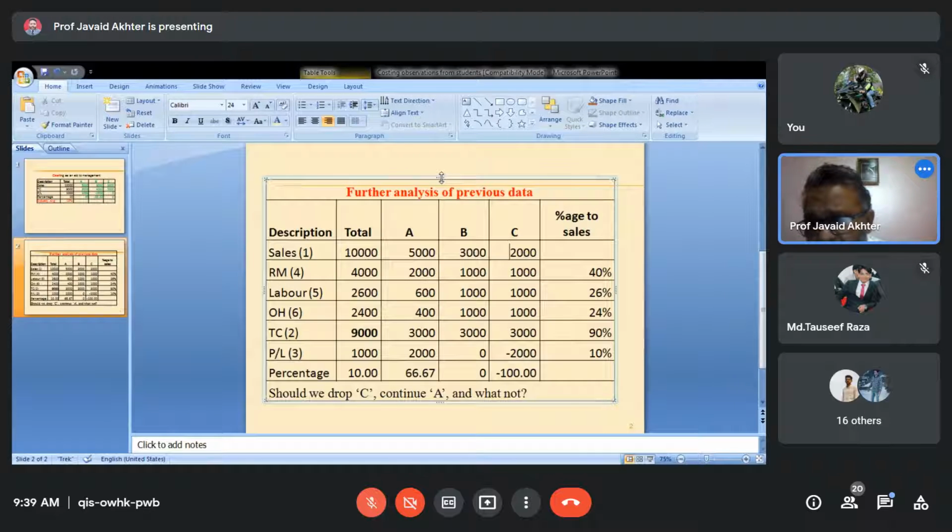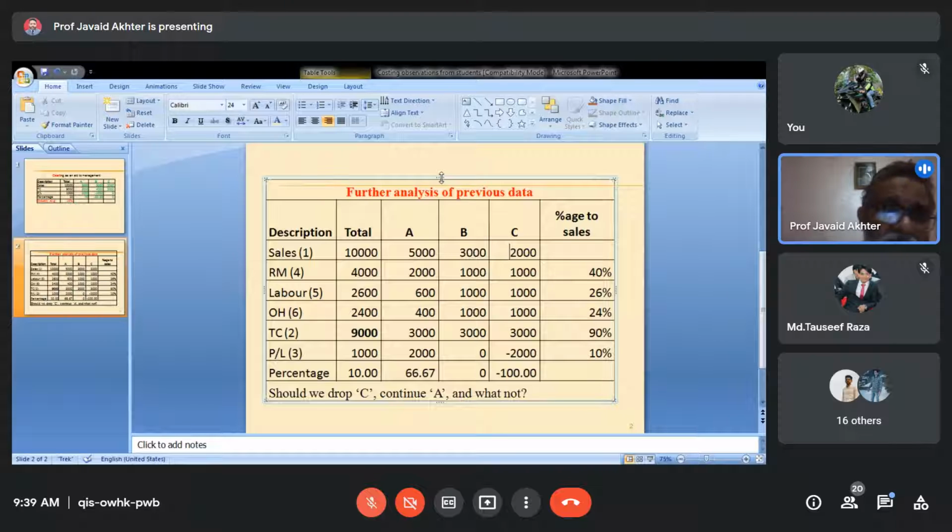Once we have understood the basics of costing, and in what way it benefits the company, in what way it extends help in various compartments, in various heads, then only we can take up other techniques through which it helps the company.